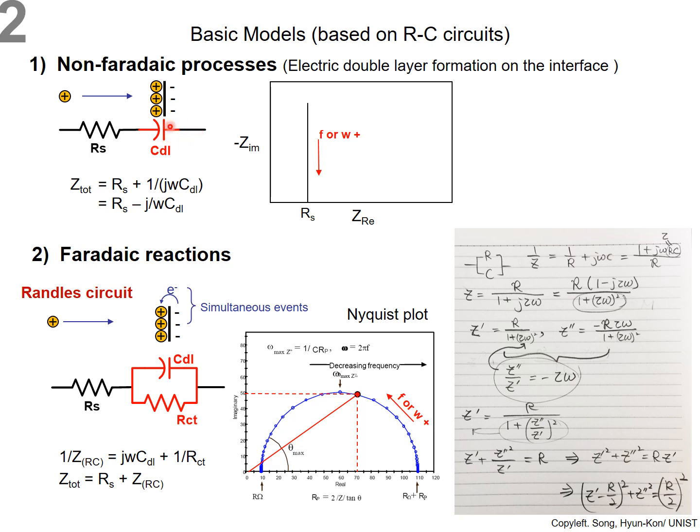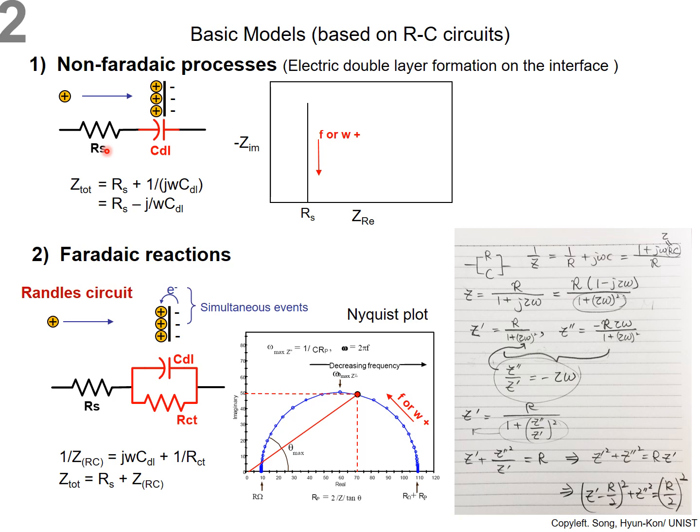Let me go inside the electrolyte. When you have applied some negative potential to the electrode, the positive ions in the bulk electrolyte move toward the surface of the electrode. This process, the ionic conduction movement, can be represented by solution resistance, or electrolyte resistance.